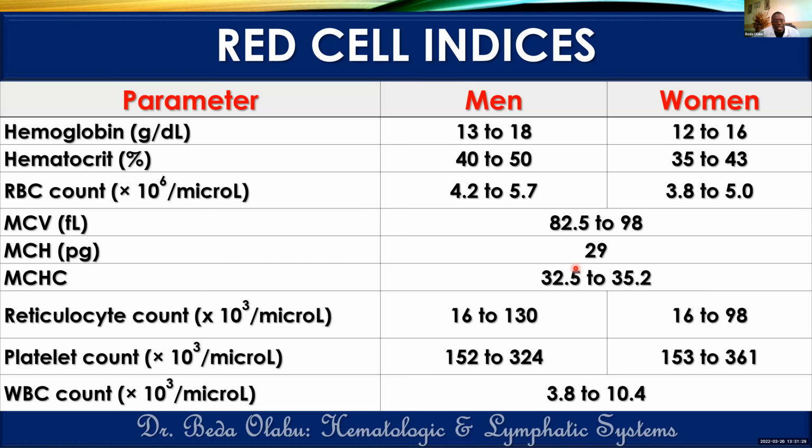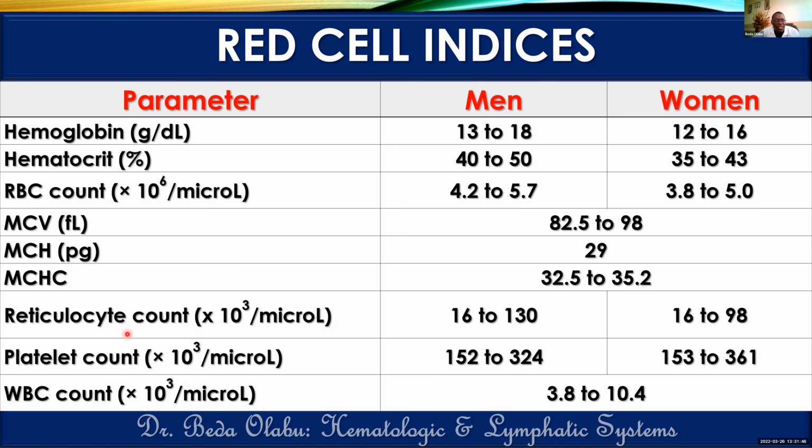If that is lower than that, then that is what will give us the hypochromic picture. And if it's within the range, it's normochromic picture. If it is above that, that will be termed as hyperchromic picture.